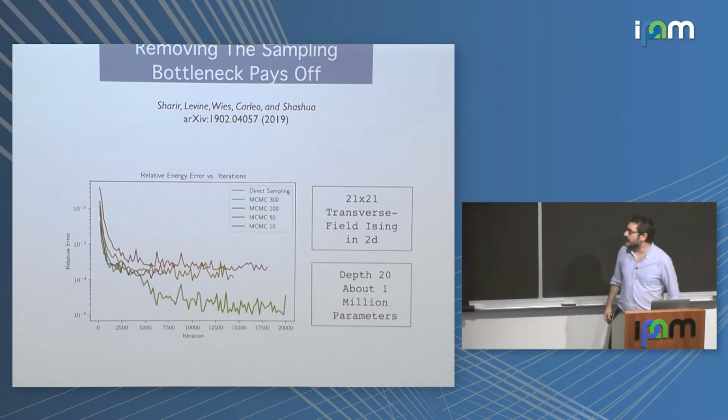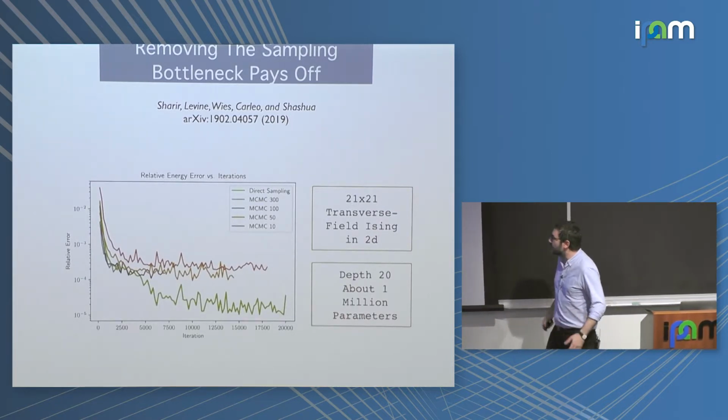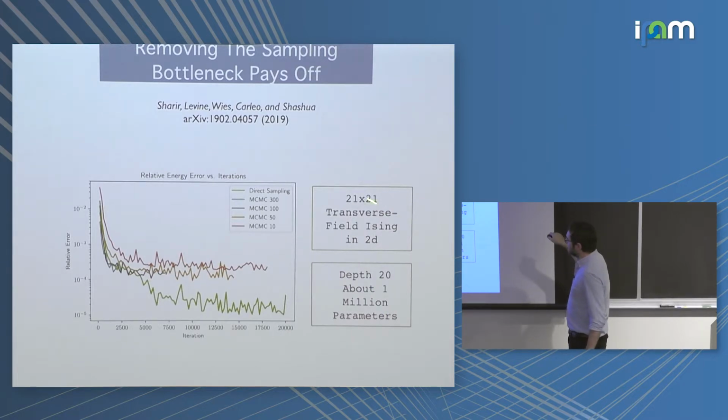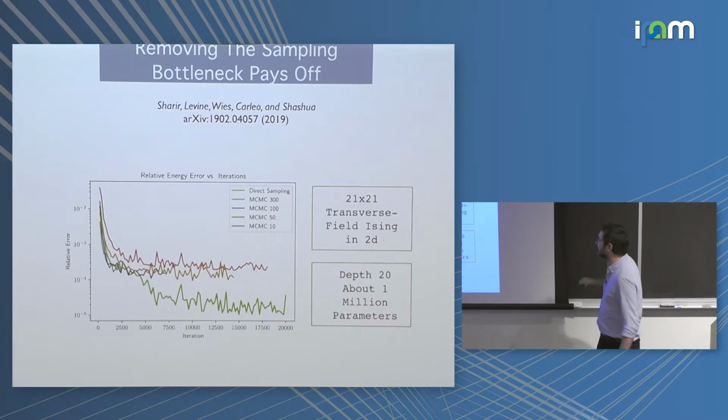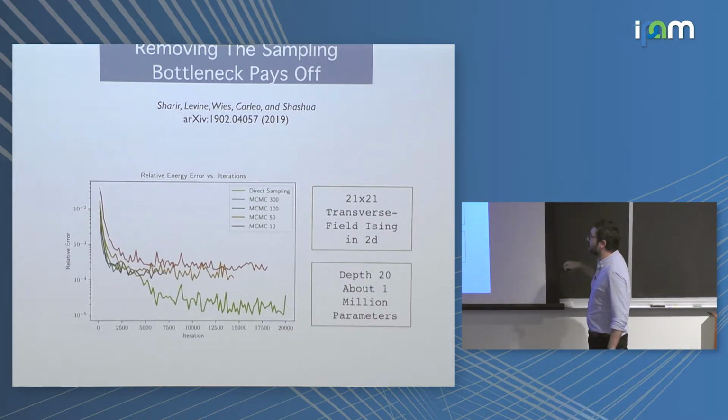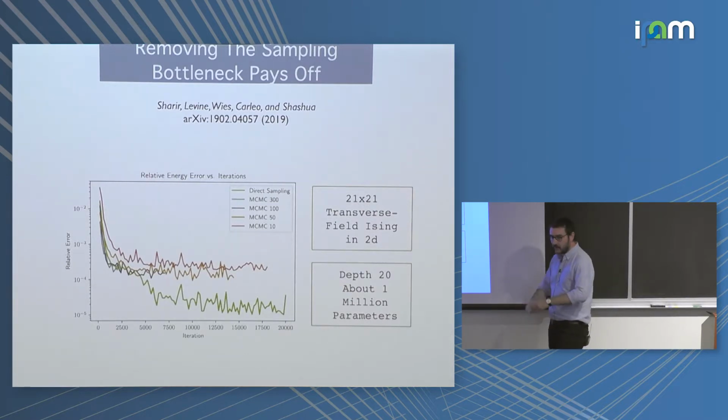Just to give you an idea, we actually see an improvement due to direct sampling. This is a 20 by 20 spin model in 2 dimensions, a transverse field Ising model. This is the error that we have on this model, and you can see what happens if we use direct sampling in a region where standard Markov chain Monte Carlo would have ergodicity issues. This is the case, for example, when you have large ferromagnetic domains that you are not able to decorrelate fast using local moves.